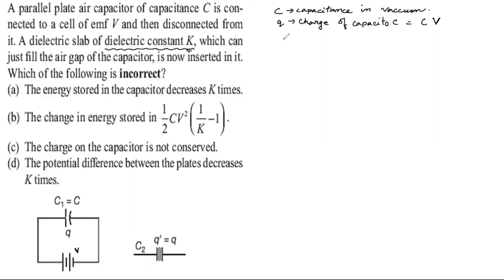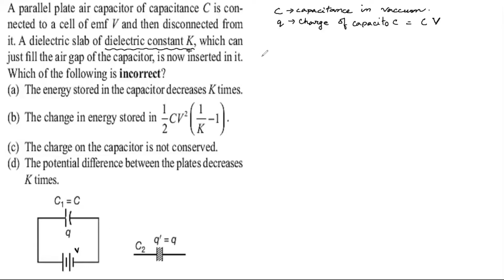Okay, so we're going to first understand what this case is about, and then we're going to find out which is the correct answer. Right. So now, when this capacitor was connected to this battery, it was having this much amount of charge, and then a dielectric slab was inserted in between these metal plates.